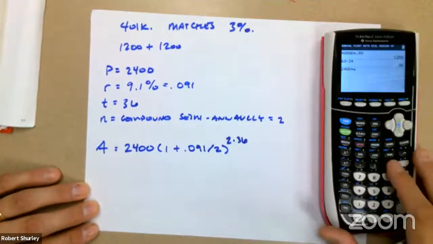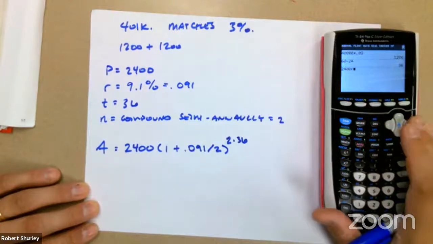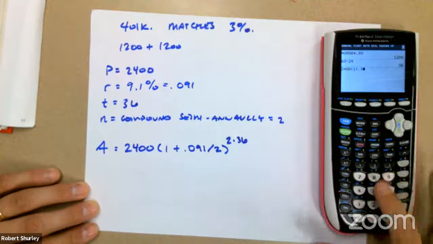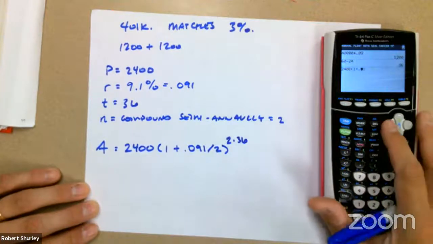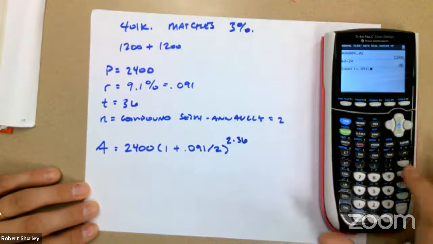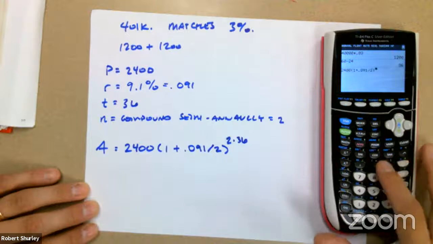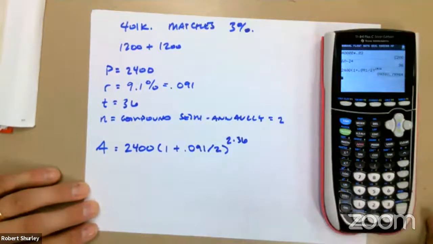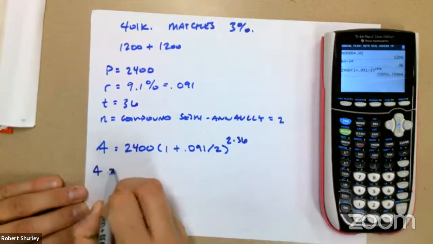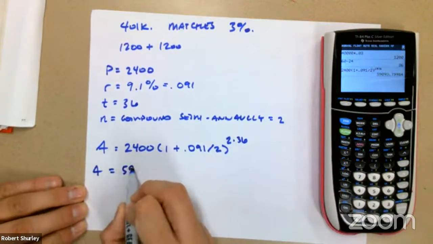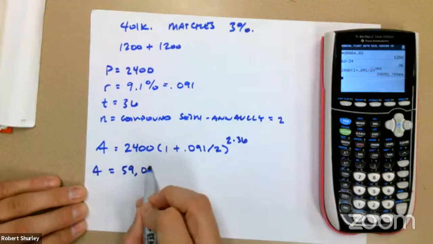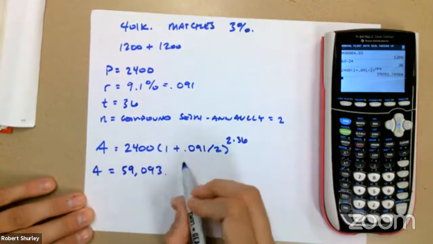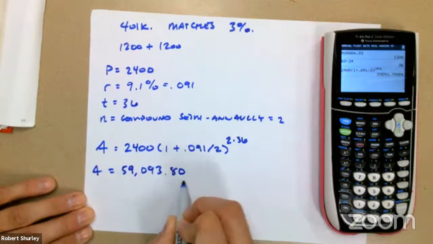It doesn't matter, I could have done times, I guess, but you need parentheses. 1 plus 0.091 divided by 2, raised to the 2 times 36. Dang. $59,093. What?